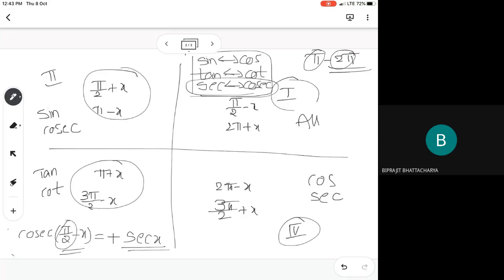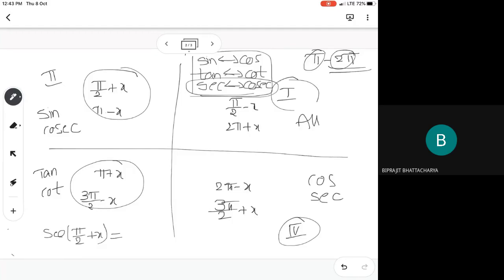Okay? Shall I ask one more question to you? Yes sir. Secant pi by 2 plus x. First what to do? Sir, negative. Minus, negative will come. Minus, in the third quadrant.